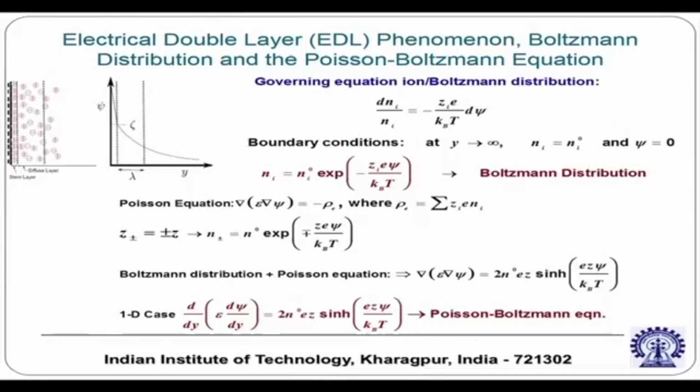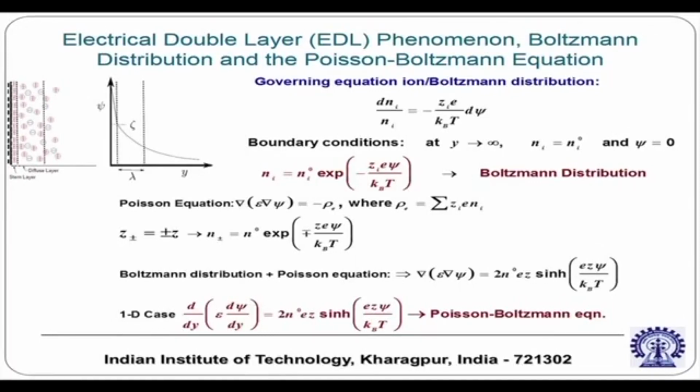So just a quick revisit, these things we have discussed at length in this course, but if we have a charged surface, then there may be a charged interfacial layer in the vicinity of the charged surface so that the entire system is electrically neutral. This charged interfacial layer is also known as the electrical double layer. This charged layer means the charged surface plus the fluid together is known as the electrical double layer.